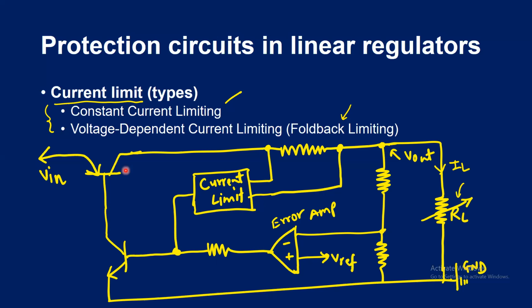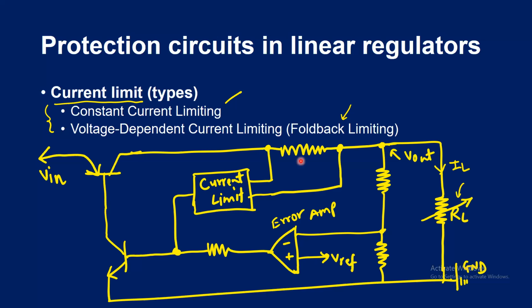Accordingly, it modulates the current through this pass transistor and controls the load current and subsequently the load voltage. The second loop we saw in the previous discussion was the thermal shutdown circuitry. And now this is the third type, that is the current limit.